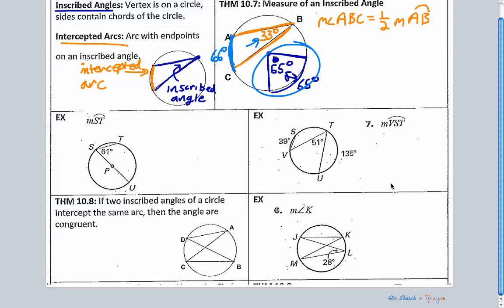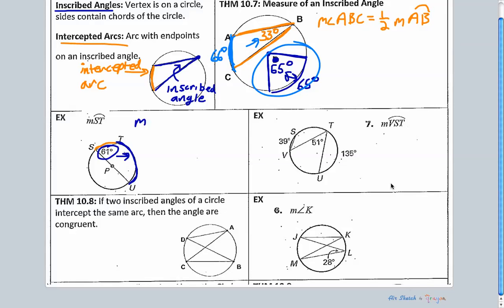Okay, moving on. Let's do some examples here. If I want to find the measure of arc ST, here's what I know to help me figure it out. I can find this arc out here, TU, first, because if the inscribed angle on the inside is 61, then this must be twice that.